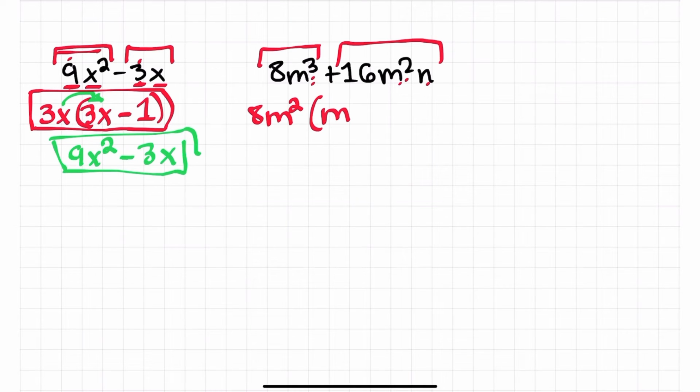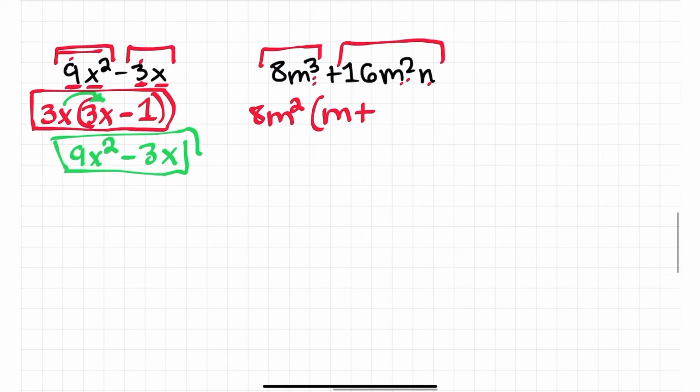Then we bring down the plus sign, and 8m squared times what will give me 16m squared? 8 times what gives me 16? It would be just a 2. Since we already have the m squared outside, that covers this. And then we just need to add an n over here.